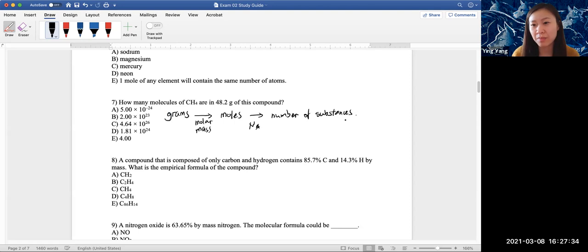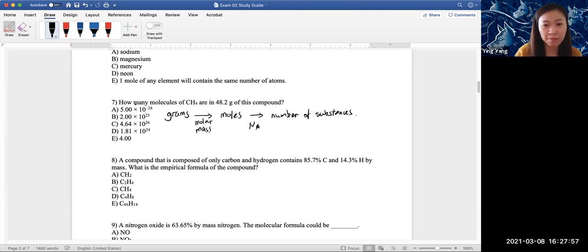The substance can be atoms and can also be molecules, so it can be either one. Also, if you know the number of substances, you use Avogadro's number to find out how many moles there are in this number of substances. And from the number of moles, you find the grams, you find the weight, right?